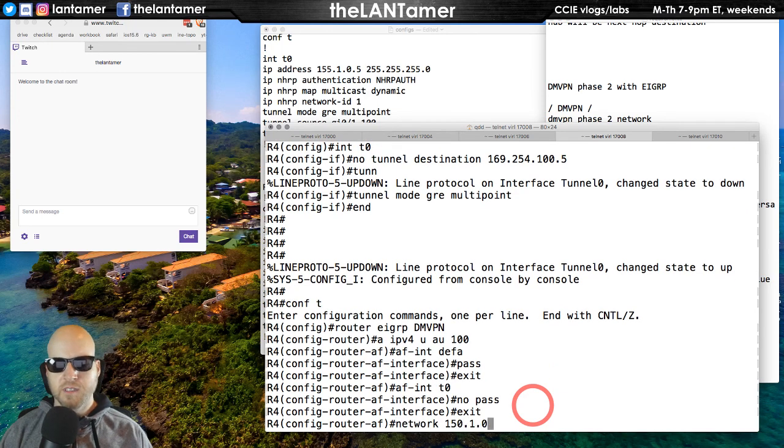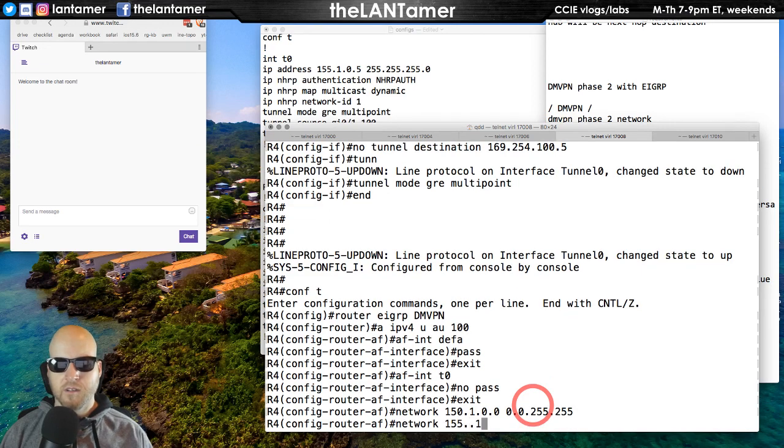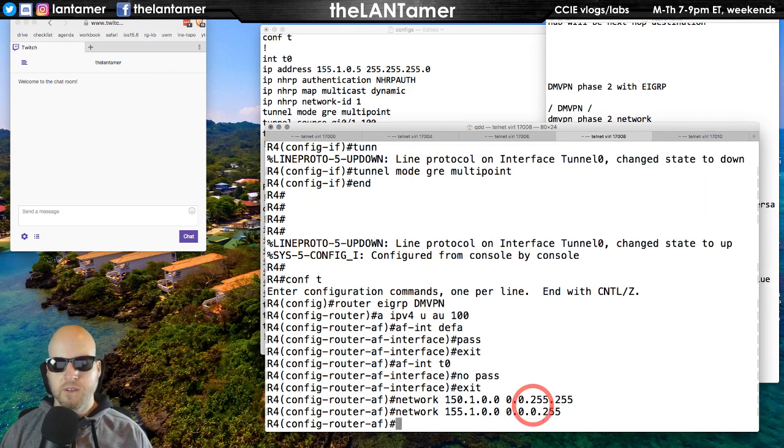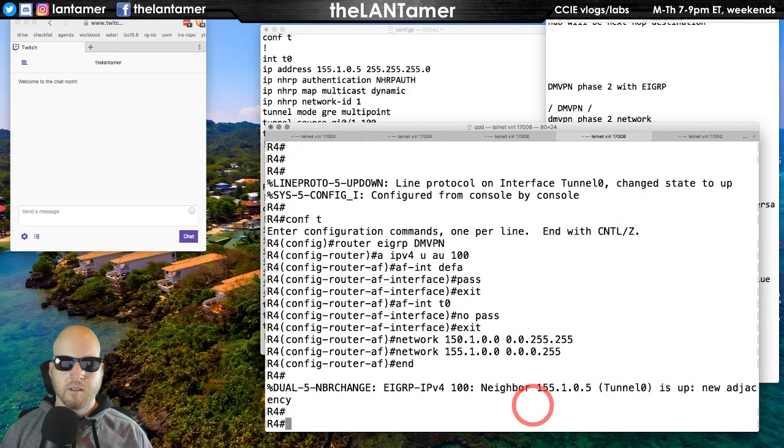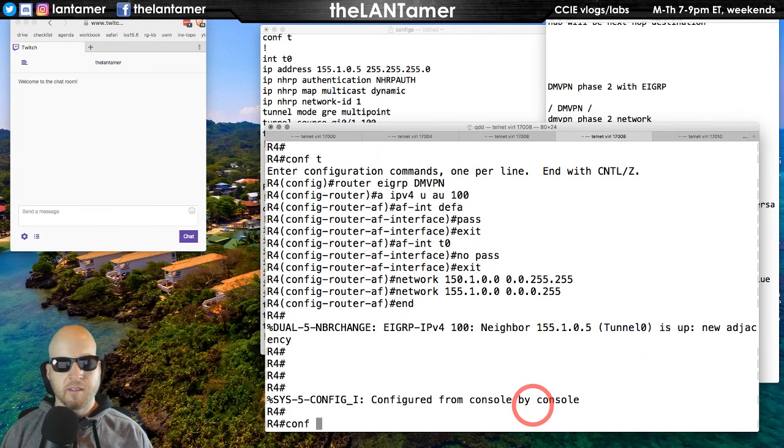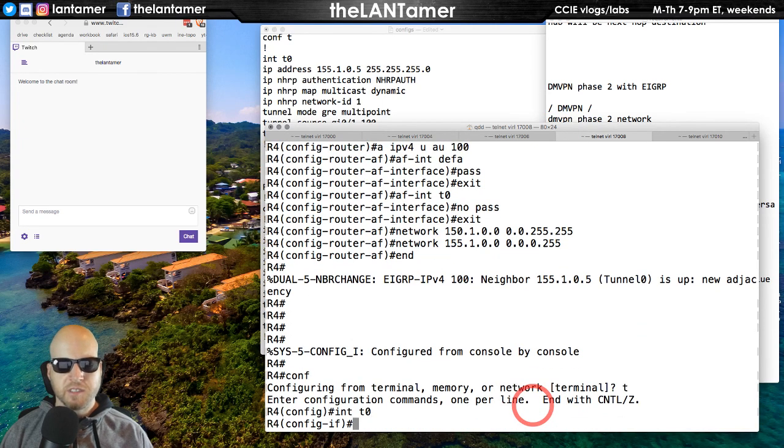Network 150.1.0.0, 0.0.0.255. Okay, yep, that's all we need there. And then interface T0, IP NHRP shortcut.